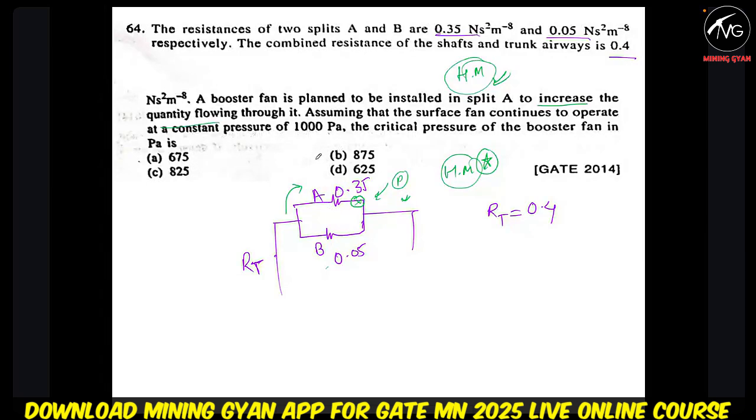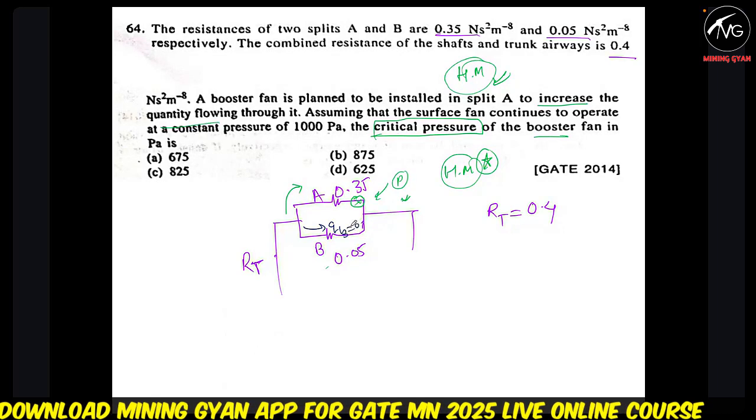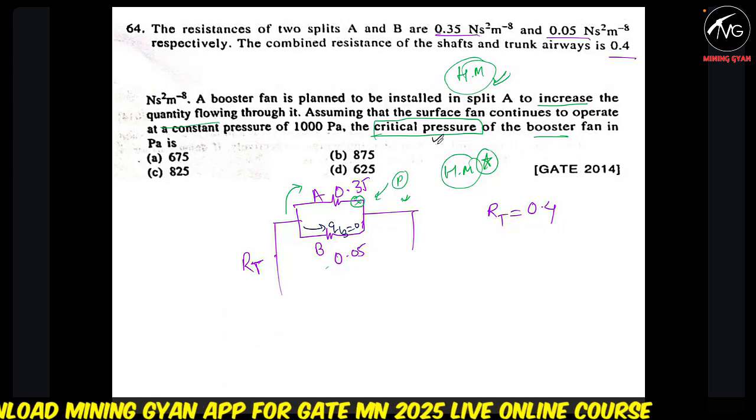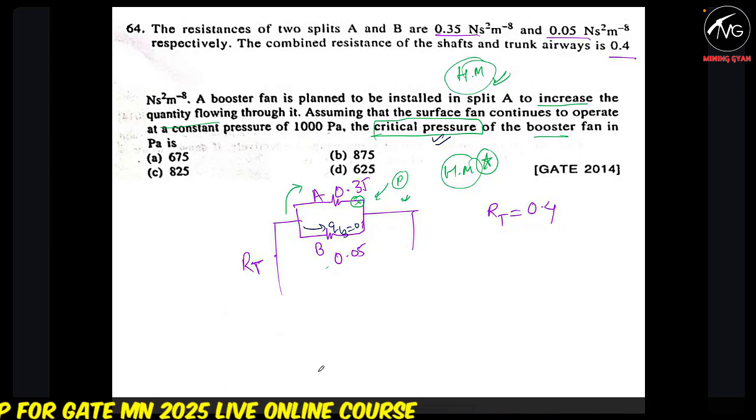So pressure is constant, but he has said the critical pressure of the booster. If you want to consider the critical pressure of the booster fan, that means the flow through the B split, QB, will be 0 in case of the critical pressure of the booster. So first, how can we solve?